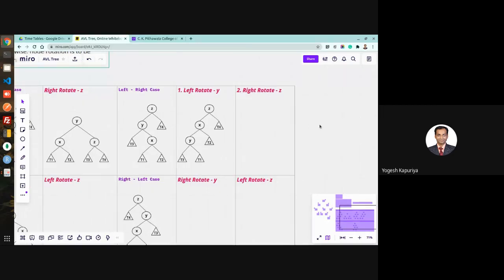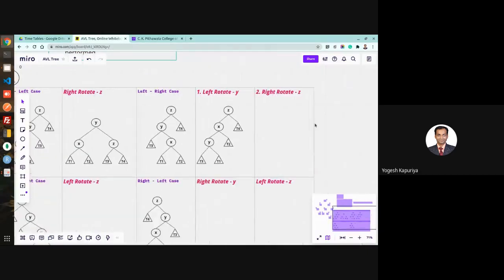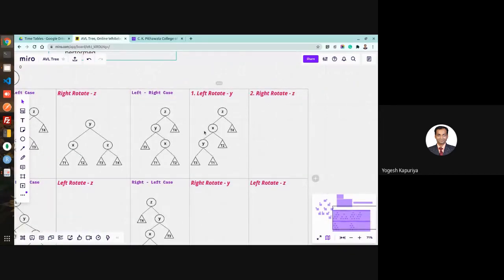And then if you observe, this is similar to this case. This is again left, left. So do the same thing what we have done over here. That means now we are rotating Z. So we are rotating Z now.